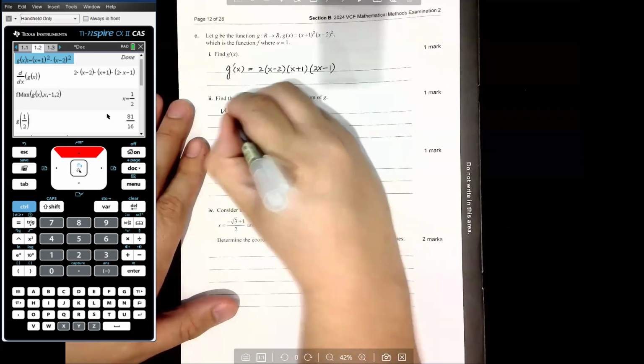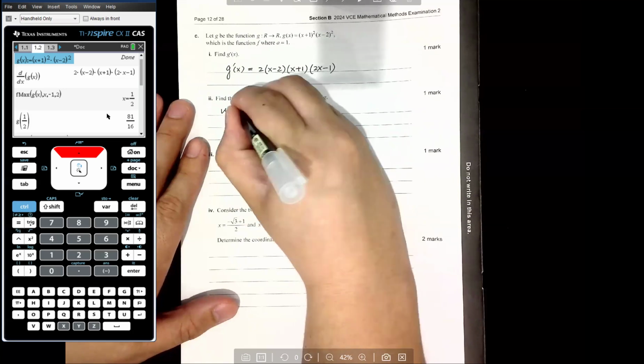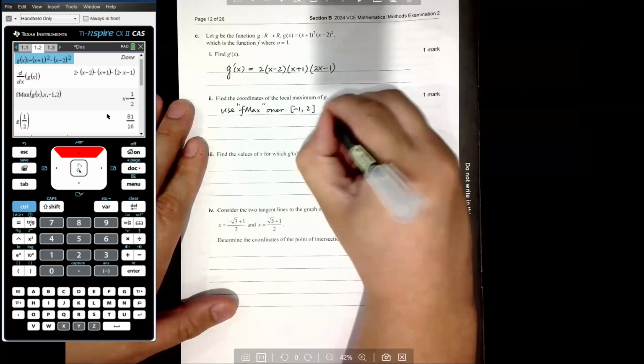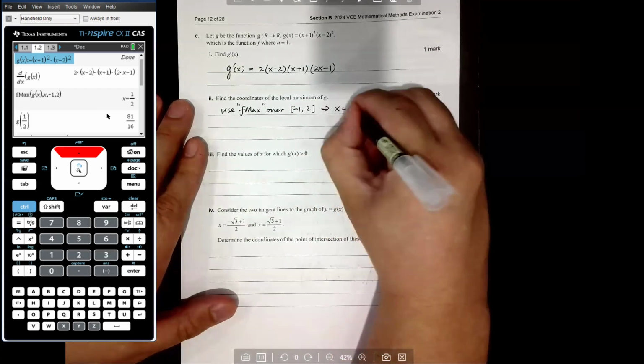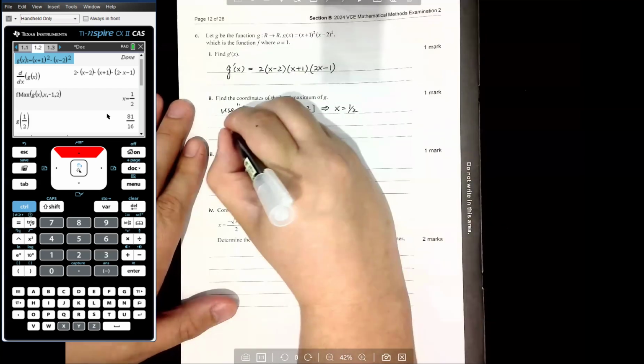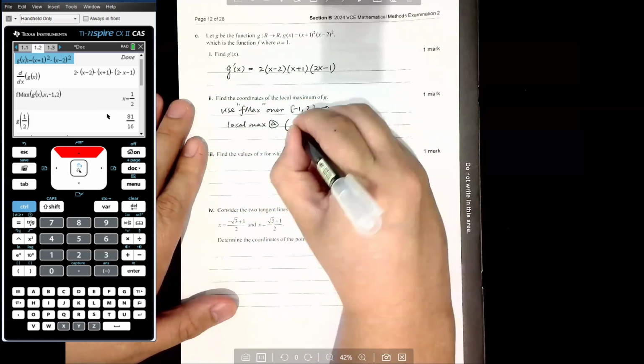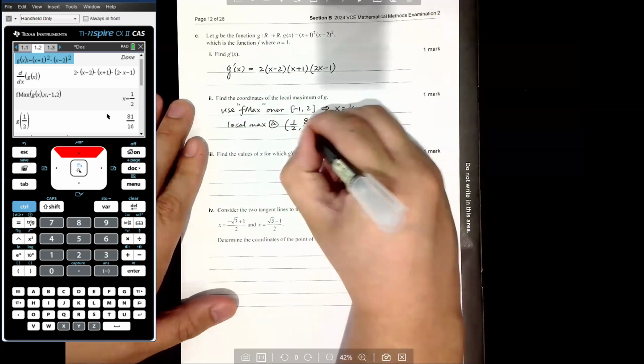And then we say use fMax over minus 1 to 2 gives x equals half. So the local max is at half, 81 over 16. Okay.